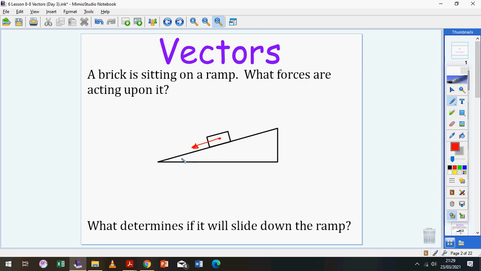So we start out with an angle theta here. This is an angle theta, the angle of the incline. We know that there's a force of gravity exerted on the block, and the force of gravity always acts through the center of mass, so through the center of the object. That's the force of gravity. Let me draw that longer.